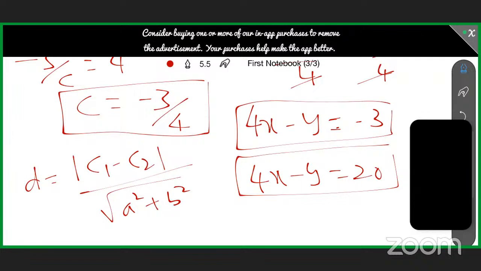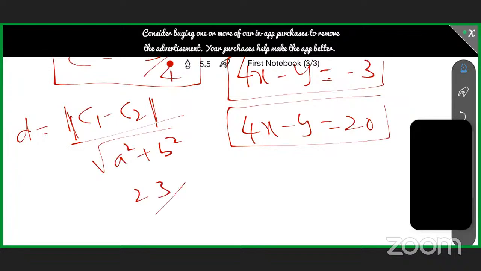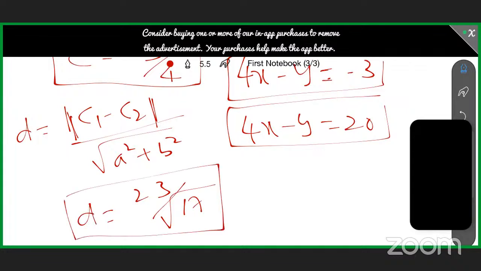Is it minus or plus? Plus 23 by root 17. Very good. Plus 23 by root 17.